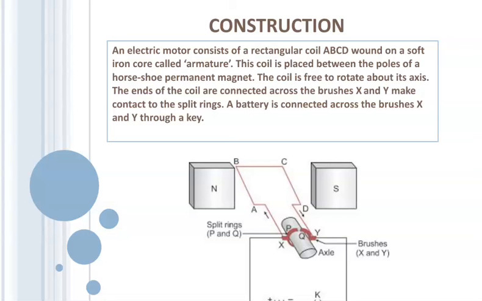A DC source, that is a battery, is connected across the brushes X and Y through a key. When the coil rotates, the split parts of the ring rotate with it, while the carbon brushes X and Y, which are fixed, remain at their position and keep touching the split ring all the time.